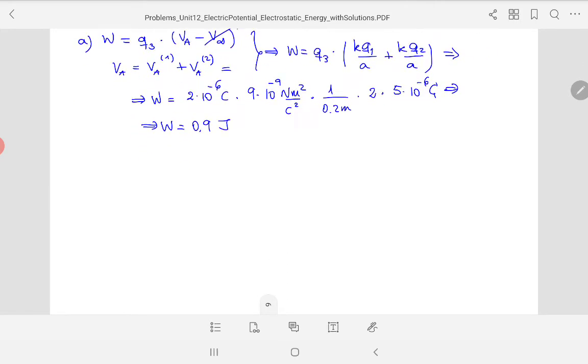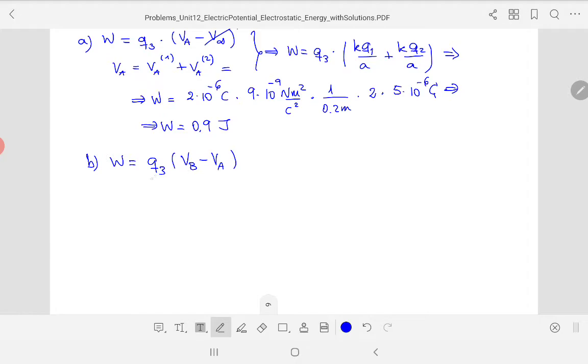Now in B, we want to calculate the amount of work we have to do to bring point charge 3 from point A to point B. So this is going to be the charge 3 multiplied by the difference of potential between point B and point A. We already know the potential at point A, so we need to know the potential at point B, and this is going to be equal to KQ1 divided by A plus KQ2 divided by A, which is exactly the same as at point A because the distances are the same.